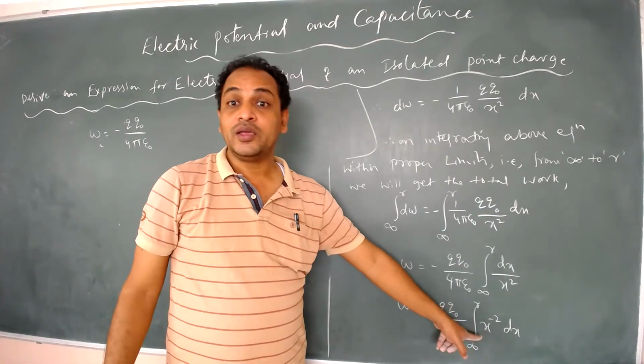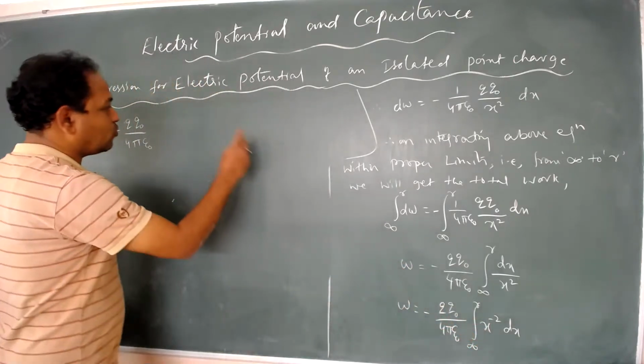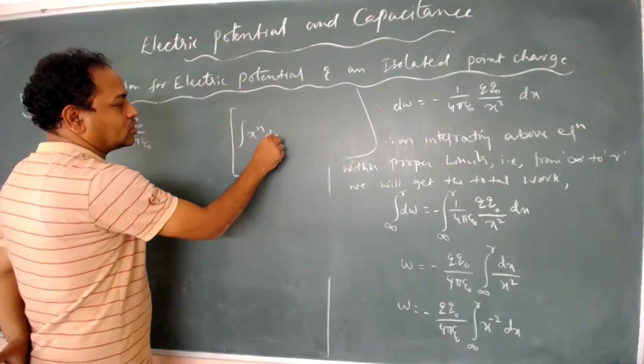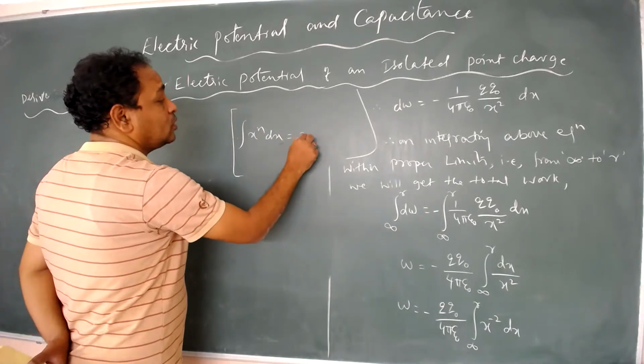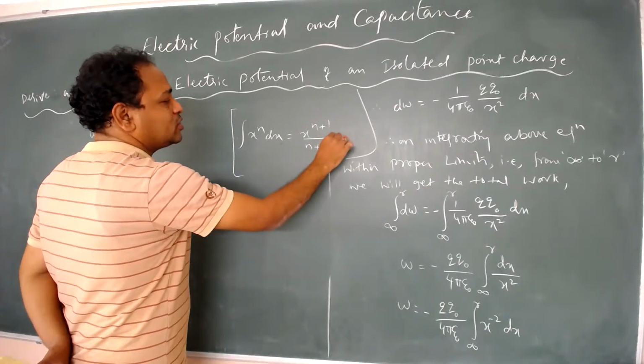It is like the integration of x power n dx. So I am writing its general formula here. As we know, the integration of x power n dx has the formula x power n plus 1 by n plus 1, plus some constant.